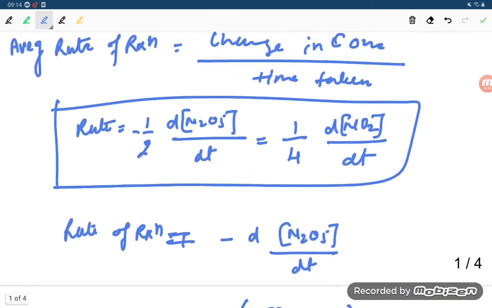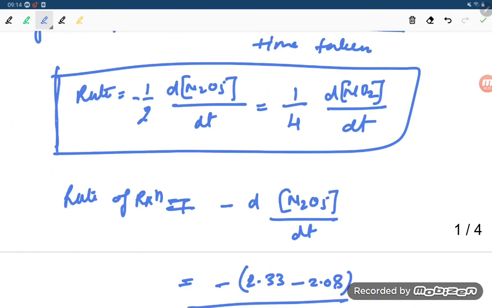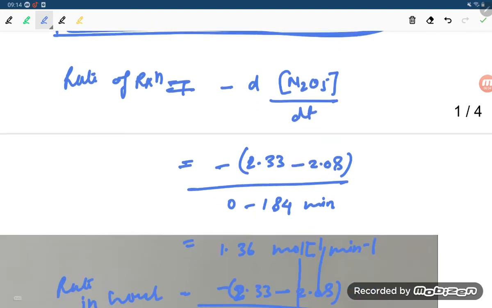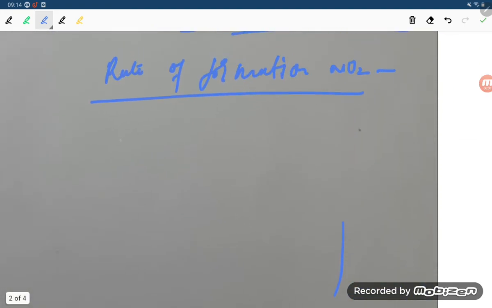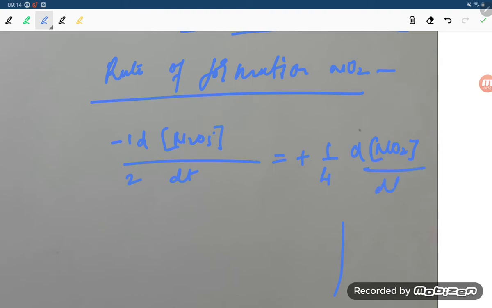The expression is already there, and this expression we are going to use. So the rate of formation is minus 1 by 2 dN2O5 upon dt, giving rise to positive sign 1 by 4 dNO2 upon dt, right?